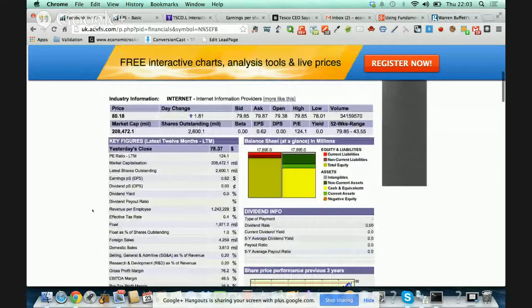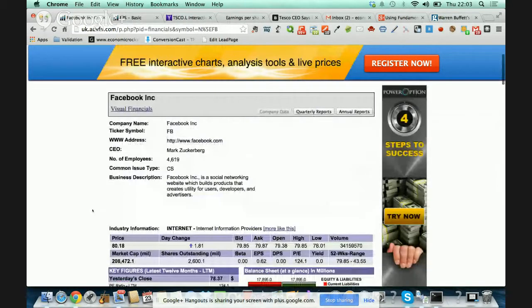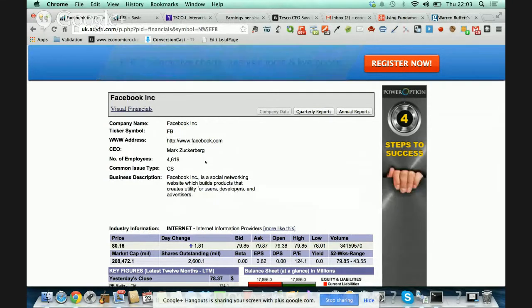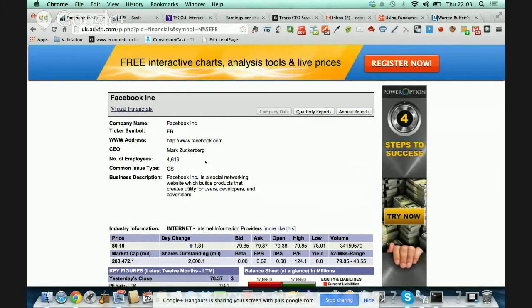I'm not sure exactly what his percentage holding is, but he does own a large percentage, and they're withholding a lot of those shares from the market, while people are trading on the remaining shares on a daily basis.